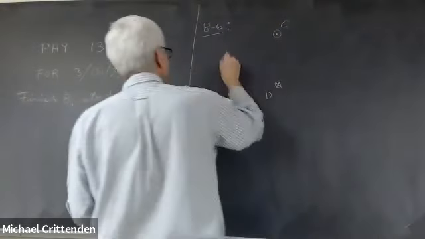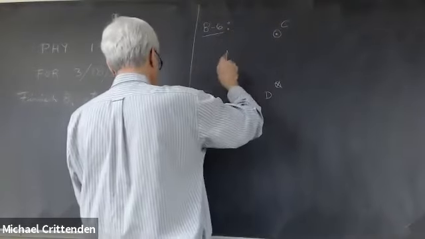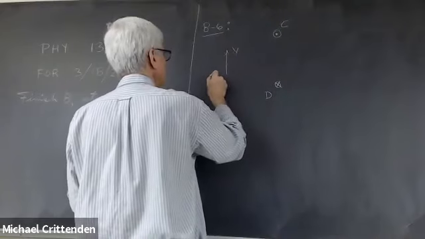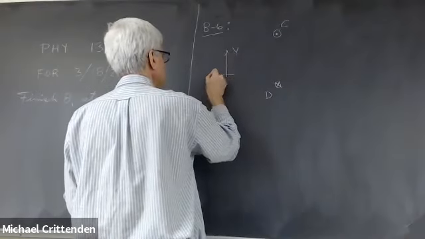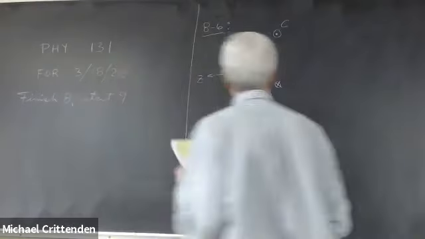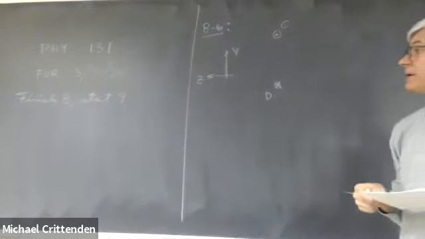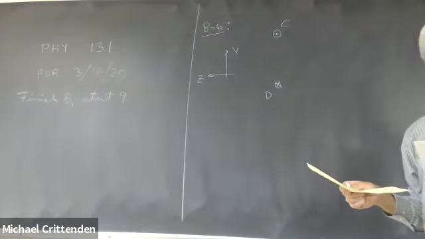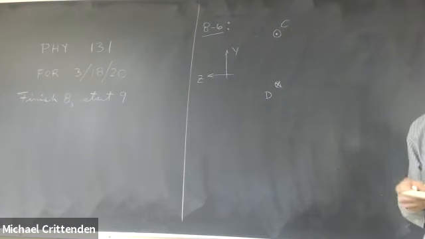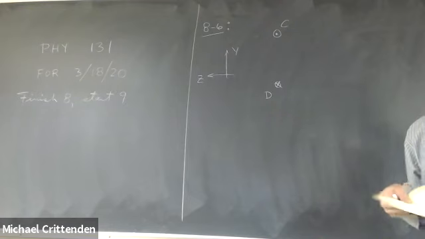As I explained when I was doing number 5, the Y direction would be that way, the Z direction would be that way when you're looking at things from this point of view, because the XY plane was the plane of the original picture that appears in the handout.